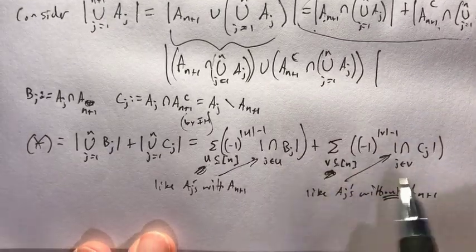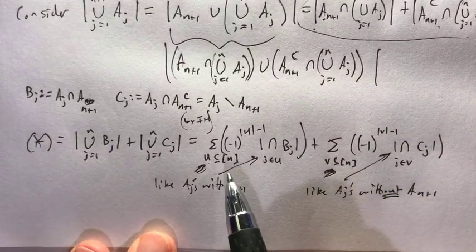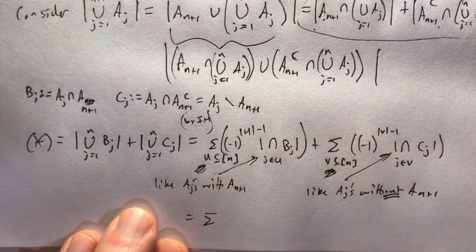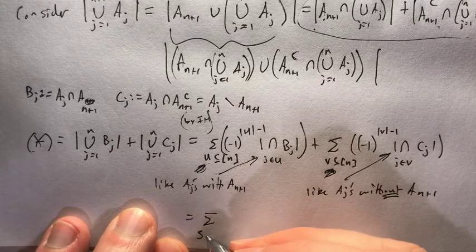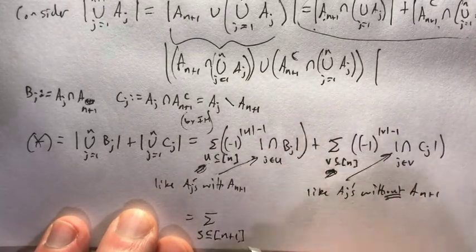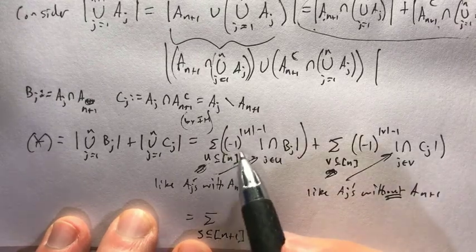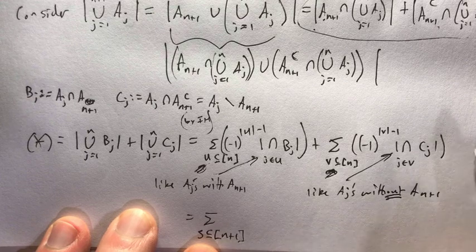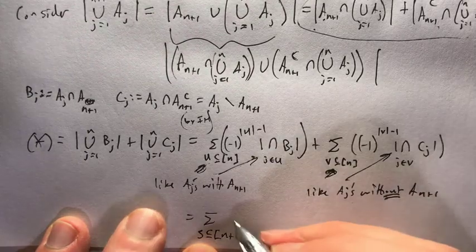Meaning that summing these two together is just the sum over S a subset of [n plus 1], because if it was a subset that included n plus 1, it would come from this sum. If it was a subset that did not include n plus 1, it would come from this sum.